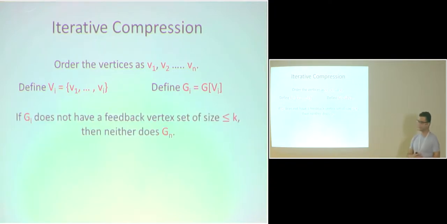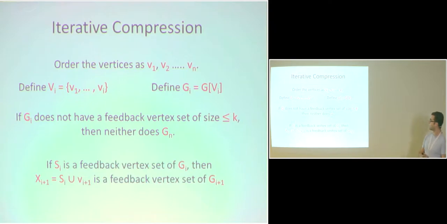Now observe that if at any point I decide that G255 does not have a feedback vertex set of size at most k, then G does not have a feedback vertex set of size at most k either, because Gi is an induced subgraph of G, and adding vertices cannot make it easier to delete vertices to get the graph acyclic. Yeah.